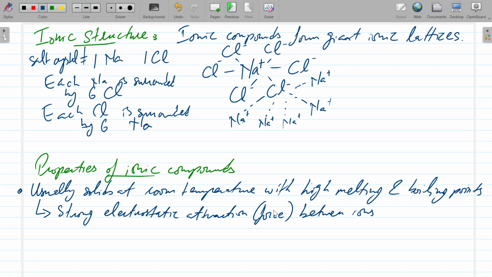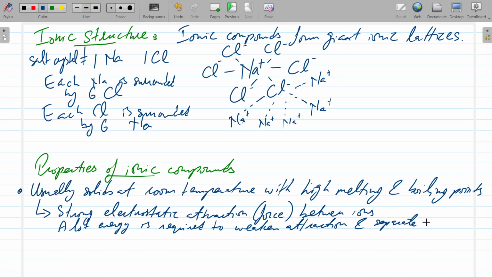Because that's a very strong force of attraction, a lot of energy is required to weaken that attraction and separate the ions. So that's the first thing. Second, they're usually hard substances.